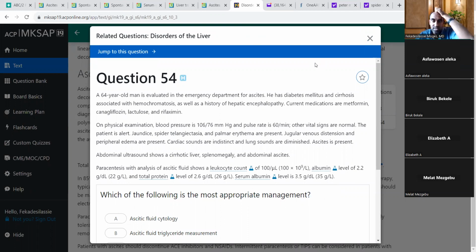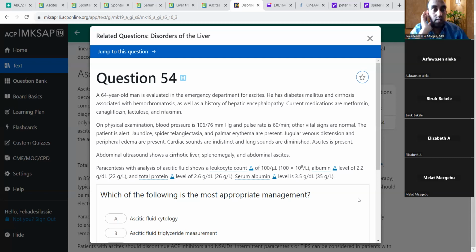A 64-year-old man is evaluated in the emergency department for ascites. He has diabetes mellitus and cirrhosis associated with hemochromatosis, as well as a history of hepatic encephalopathy. Current medications are metformin, canagliflozin, lactulose, and rifaximin.